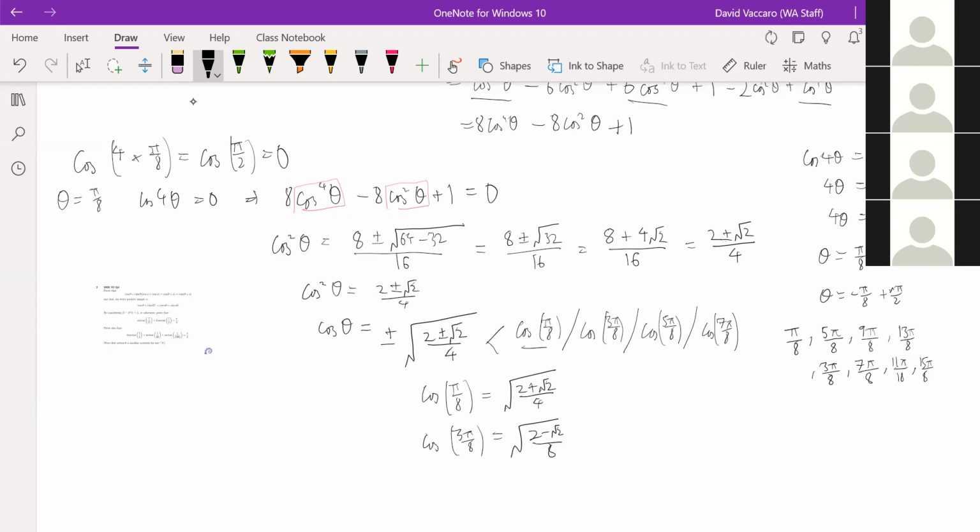Cos 5 pi over 8 is going to give me the negative of cos 3 pi over 8. And cos 7 pi over 8 is going to give me the negative of cos pi over 8.